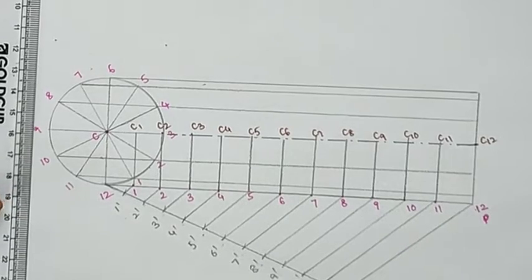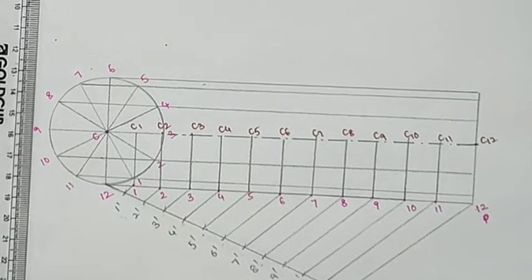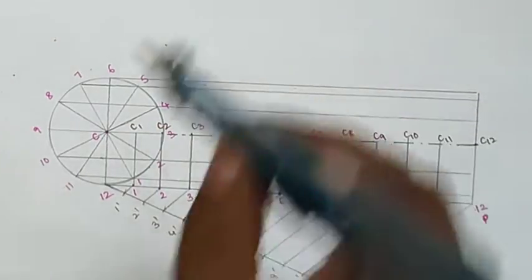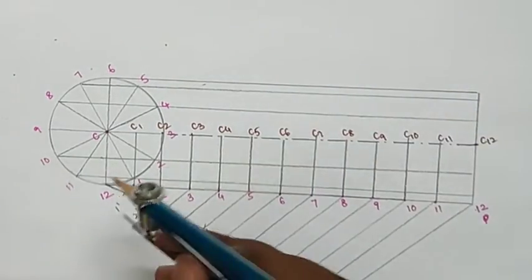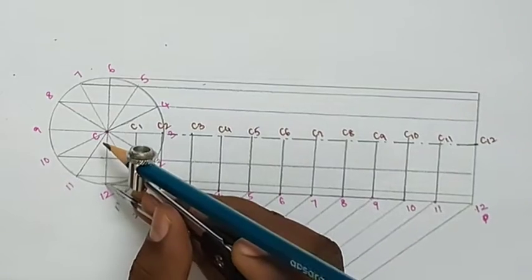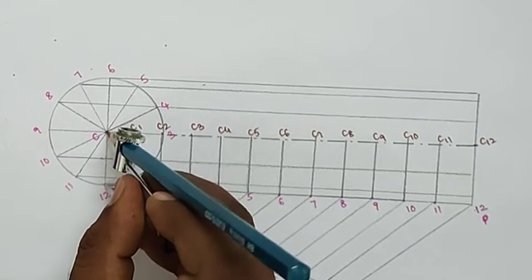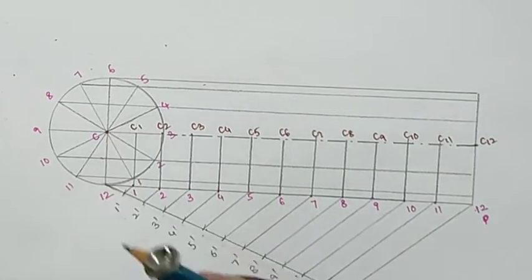Like that we notate the points on the locus of center. After notating, take the radius of the rolling circle. What is the radius of the rolling circle? It is 25 mm.